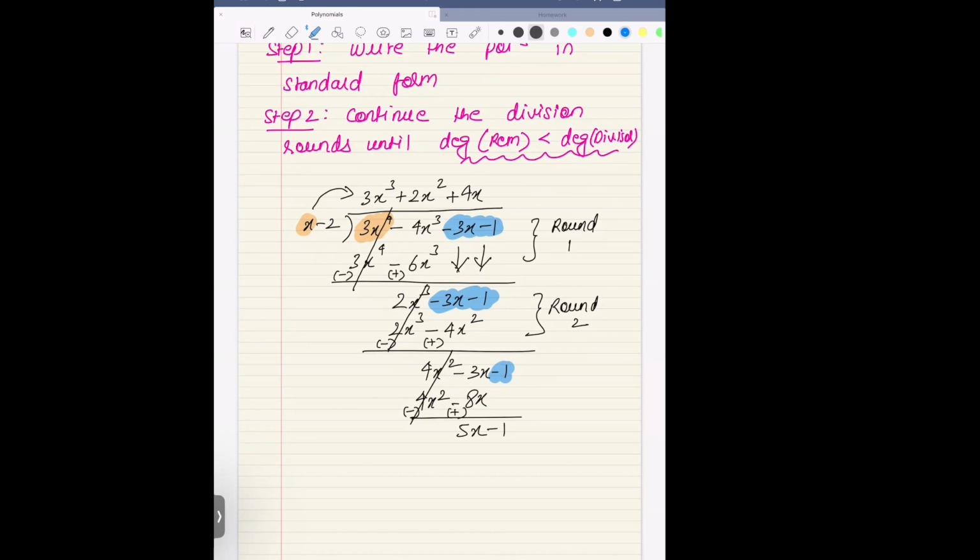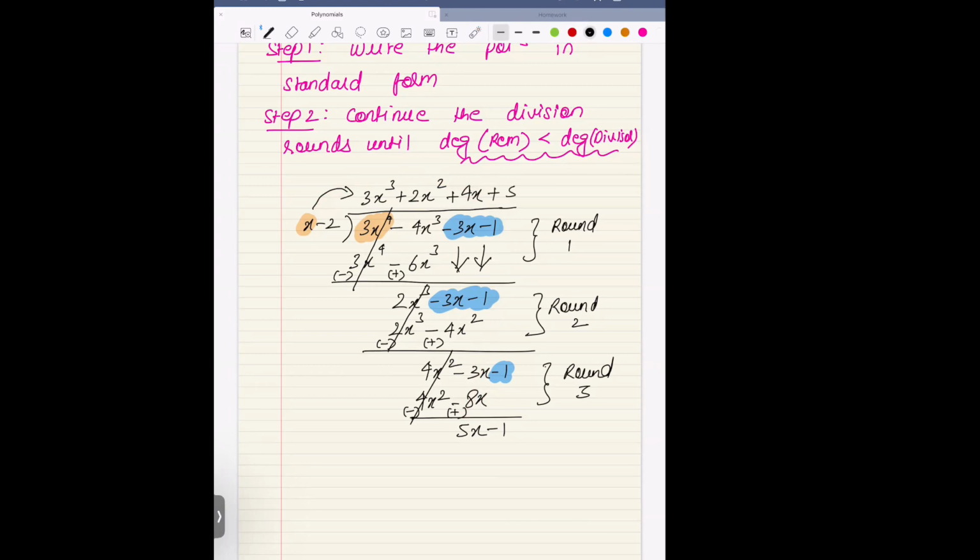Okay. Check. Degree of divisor is now equal to the degree of remainder. Meaning this is your last round. This is round 3. You don't have to write this, I'm just writing it to explain to you. Same question. What should you multiply with x to get 5x? Plus 5. That's all.